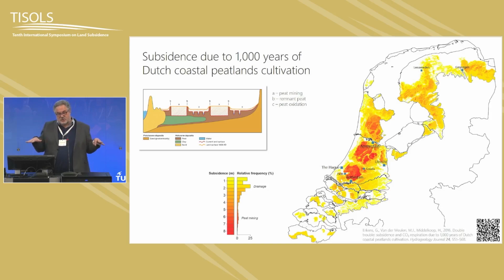And then there is this process of peat oxidation producing subsidence. What fascinates me here in this image is that in 1,000 years we have produced up to 8.5 meters, give or take, of subsidence. It is a lot. We are typically looking at current and perhaps future subsidence, but in the Netherlands we have had a lot of subsidence already.